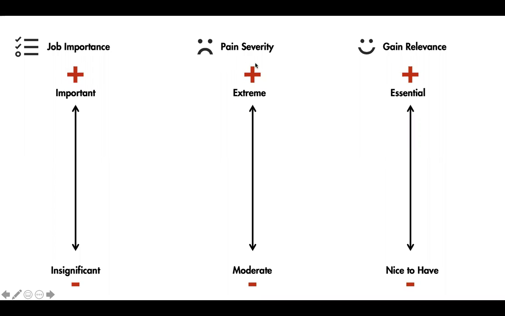Is it just a slight annoyance, a very moderate pain, or is it an extreme pain? For example, for some people working in a corporate setting, language skills are an extreme pain. If they are not able to communicate well, it probably makes them less productive, less effective, and maybe even creates a negative perception from their colleagues. And thirdly, when we look at gain relevance, is this gain essential or just a nice to have?